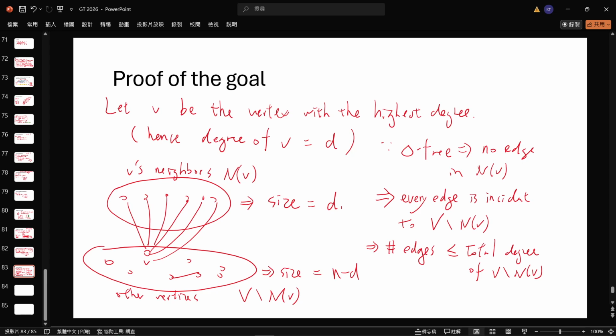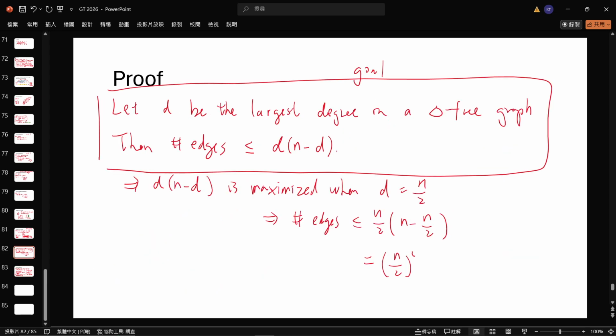The goal is to show that the number of edges is less than or equal to d times n minus d.